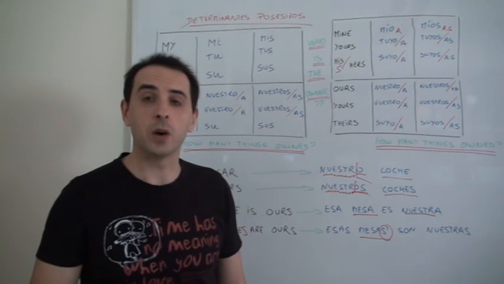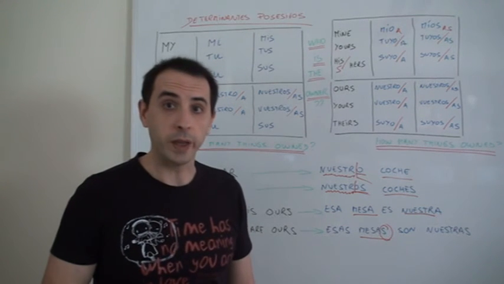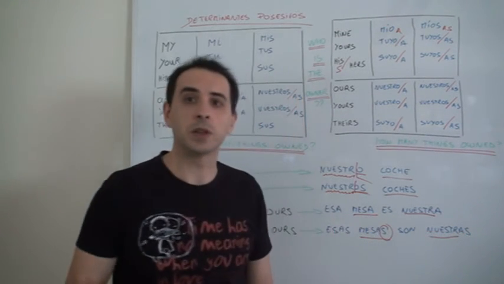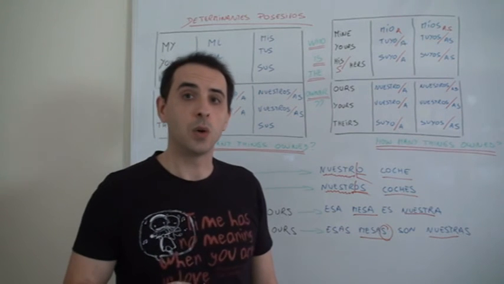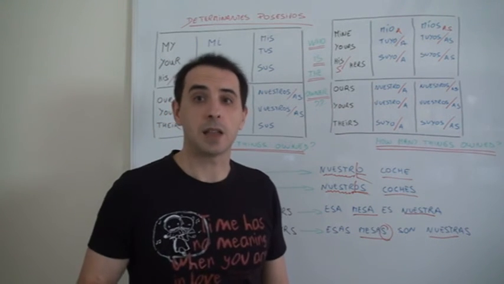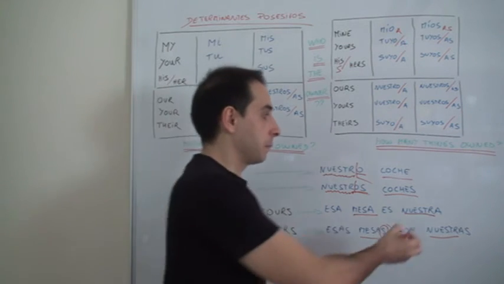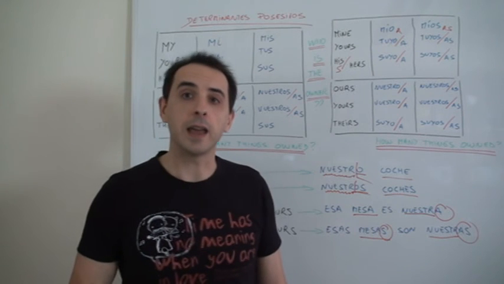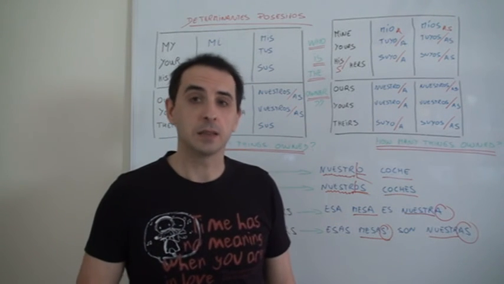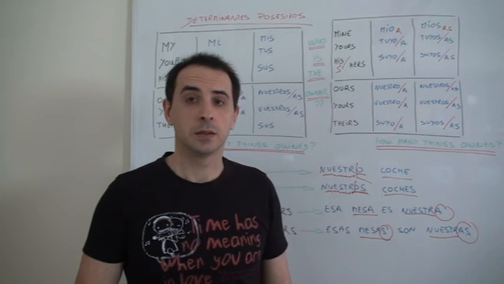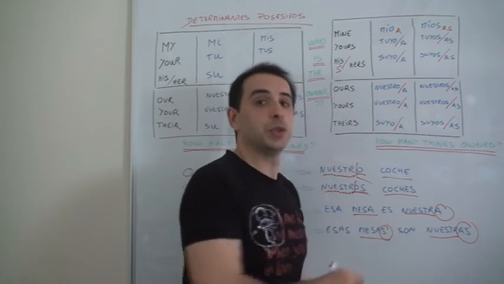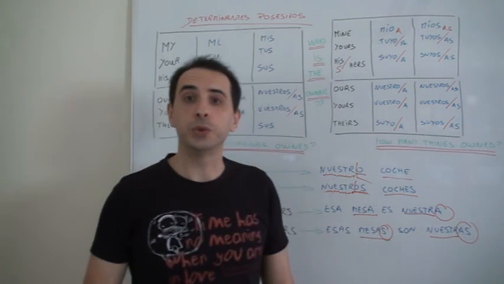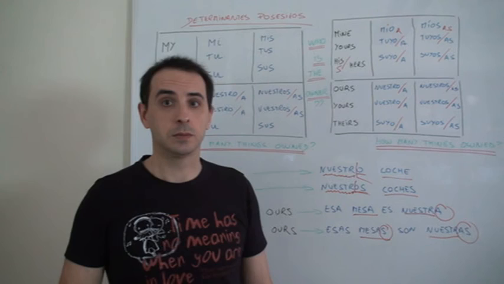This is because the owner is we, and this is because the person who owns again is us, we. But this a and as is because mesa is a feminine word, and in the first case you only own one table. In the second, you own more than one.